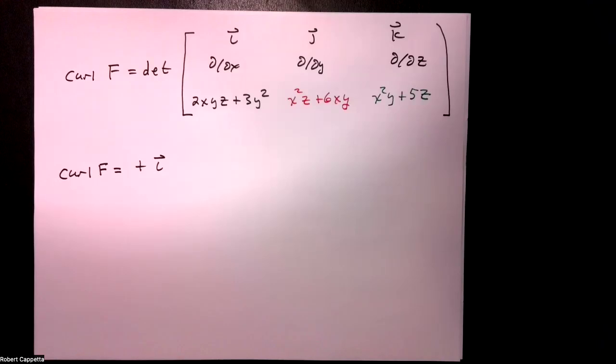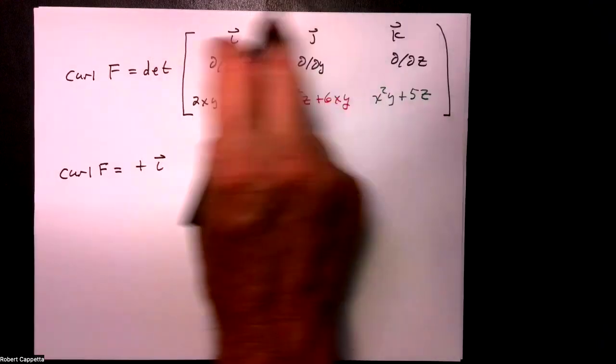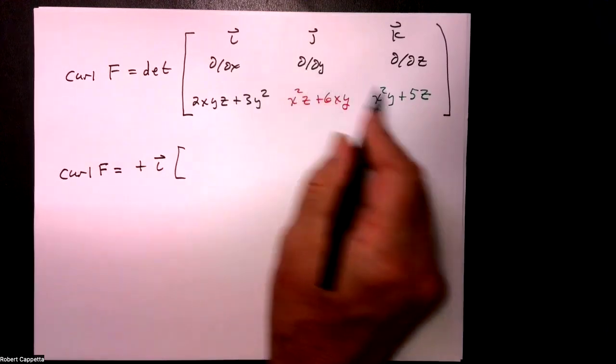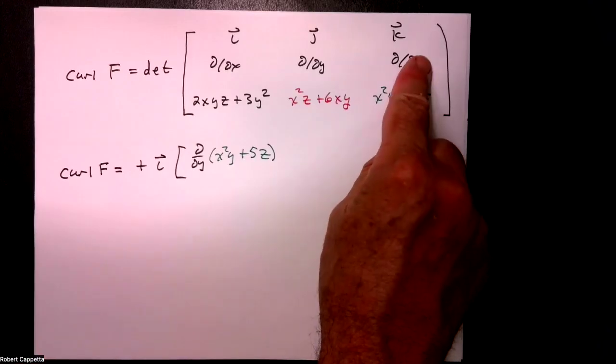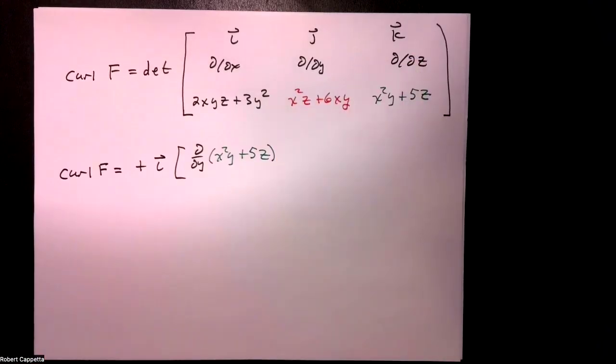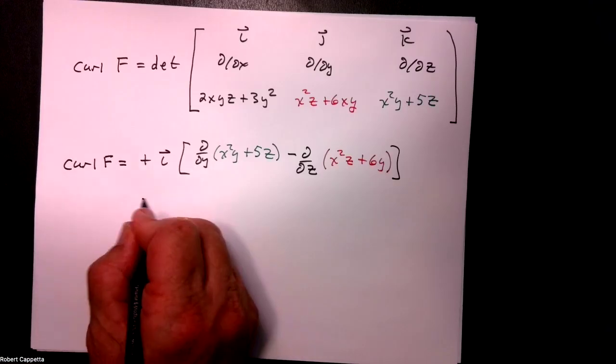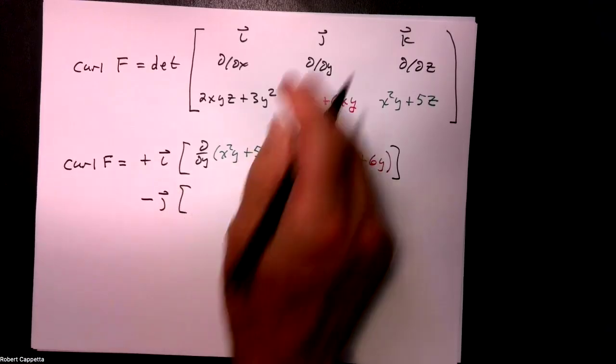So we have curl F is plus i times its minor, which is partial with respect to y of x squared y plus 5z, minus partial with respect to z of x squared z plus 6xy, then minus j. What do we have?